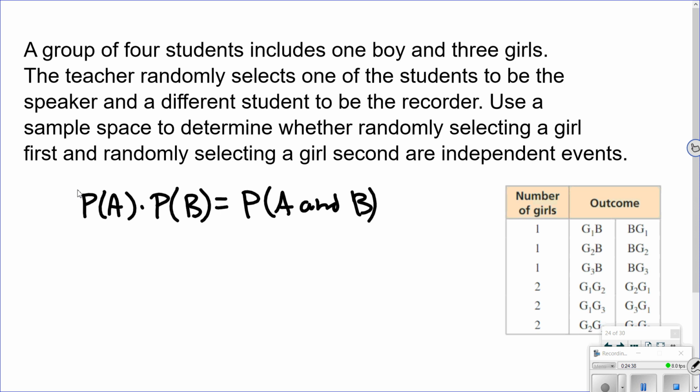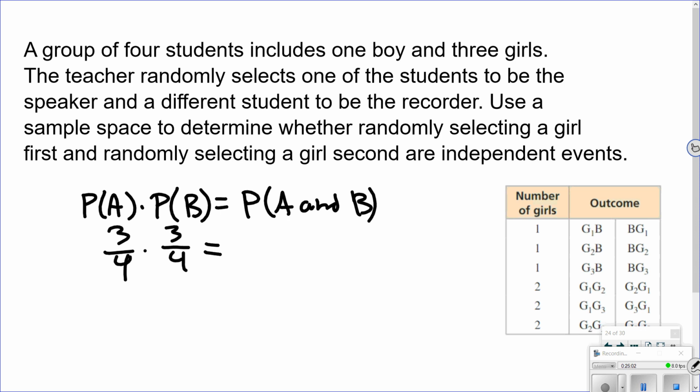So there'd be 3 girls out of 4 total. Okay, and you want to times that by, what's the probability of the second event? So if you look at that, it says the second event was selecting a girl second. That would be, and we're going to find that just separate. That would also be 3 out of 4.